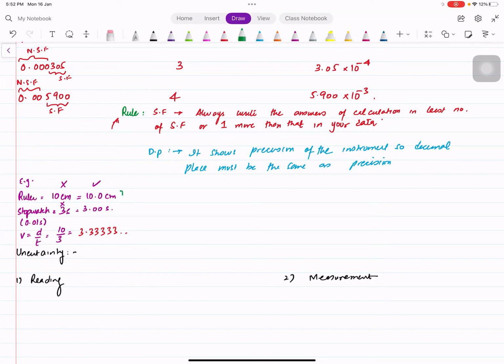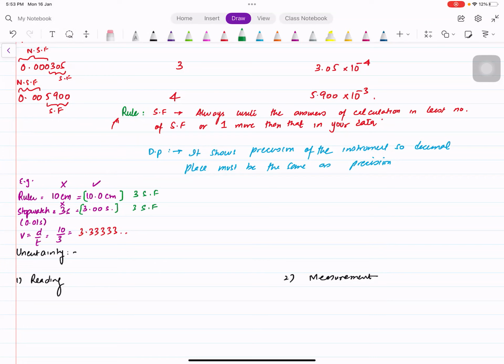This value has three significant figures, and this value also has three significant figures. So this is my data, and the answer should be the least or one more than that.